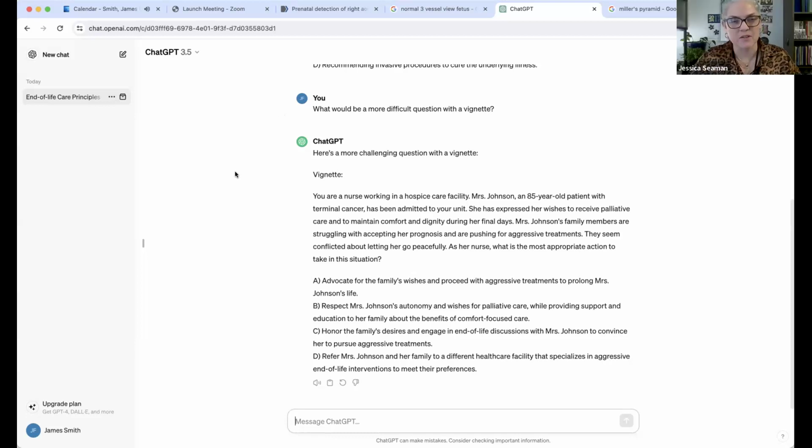That's what I was thinking too, Cassie, because I actually read the answers first, knowing the little bit that I know about palliative care. I read the answers first, and then I thought maybe I don't need to go to the vignette, because there might be a couple of good answers in there.